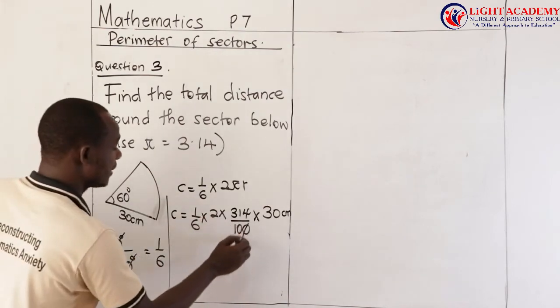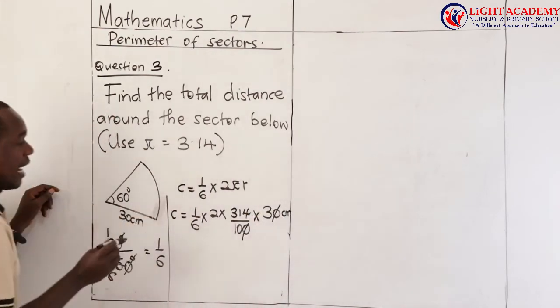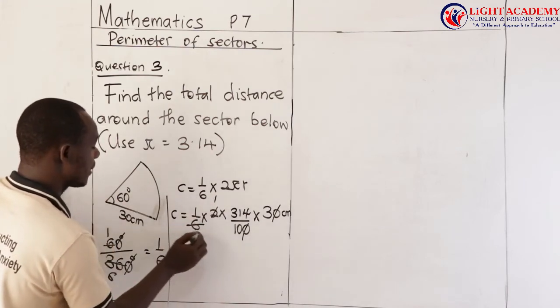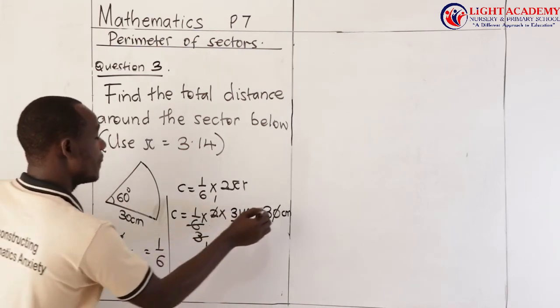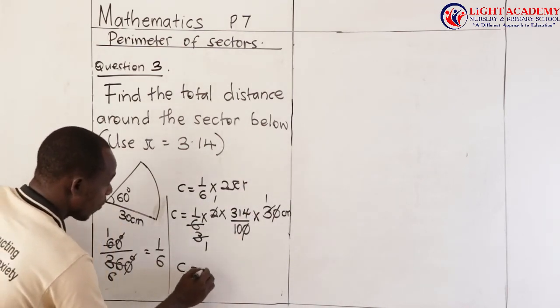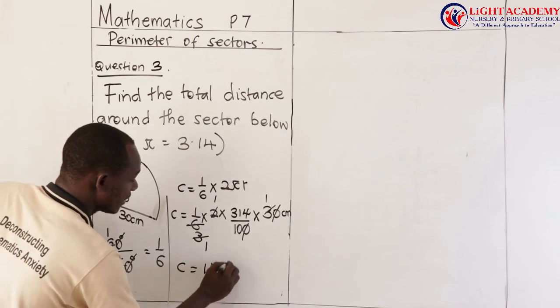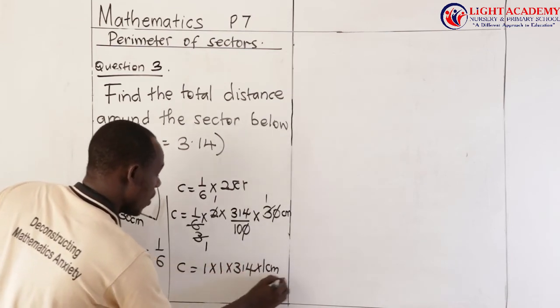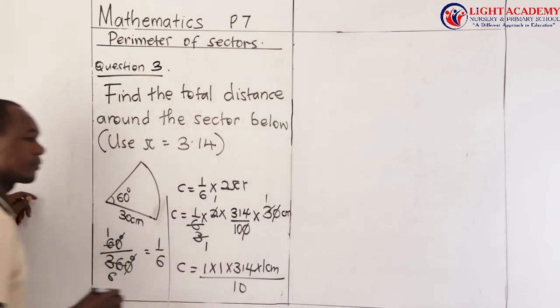Now from here you can go ahead and reduce. You can reduce this with that. And then you can say by 2 is 1, by 2 is 3, and by 3 is 1, by 3 is 1. So my circumference will now remain 1 times 1 times 314 times 1 centimeters, all this out of 10.